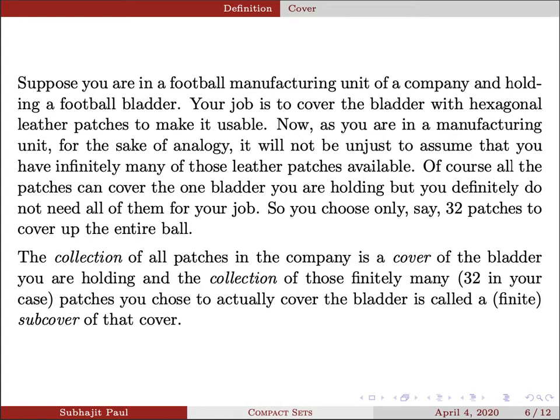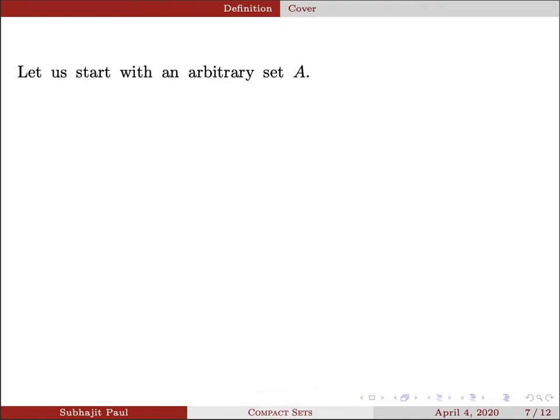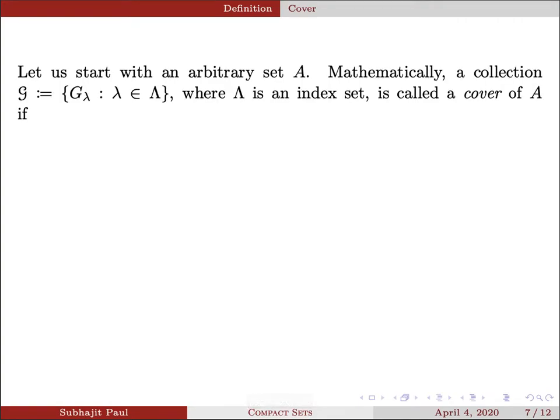Now let us apply this to mathematical precision. So we start with an arbitrary set A. Mathematically, a collection script G, which has the sets G lambda, where capital lambda is an index set, and the small lambdas come from the index set capital lambda, is called a cover of A if A is covered by all of the G lambdas.